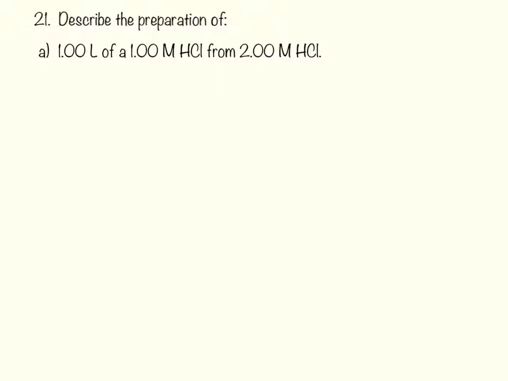Number 21. Now this time it's a little bit different and we're looking for a different formula because we're diluting. Describe the preparation of 1 liter of a 1 molar HCl from 2 molar HCl. So the formula for dilution is M1V1 equals M2V2. And what this actually does, the M1V1 is molarity times volume, so that'll find the moles of one is equal to the moles of another.